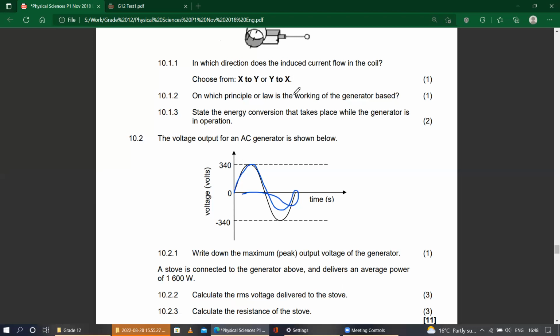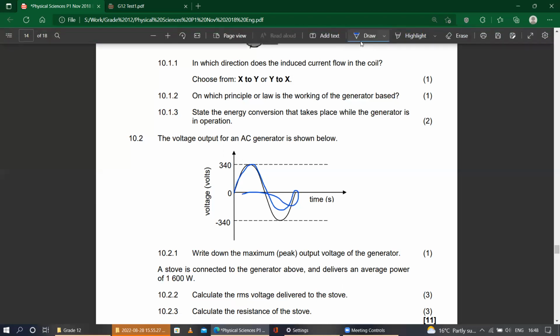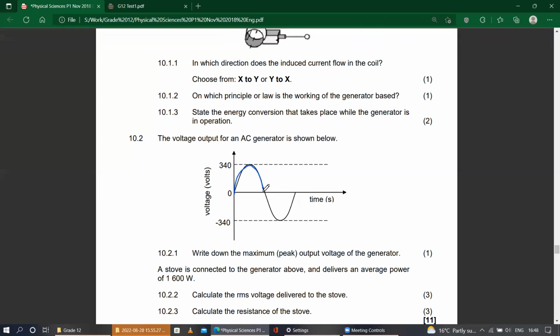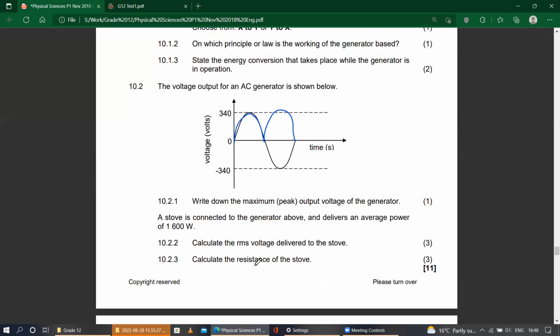As you can see, this is an AC generator graph, and a DC generator graph might be something like this. So you just need to know the difference. And you need to know the root mean square voltage.